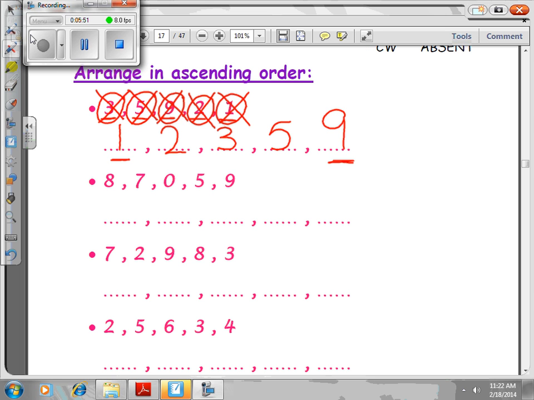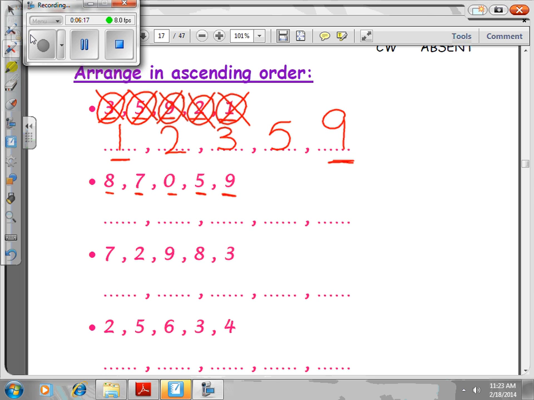Now let's have another example about how to arrange numbers in the ascending order. Here we have number 8, 7, 0, 5, 9. Now let's see how to arrange them in an ascending order as we did in the previous example.